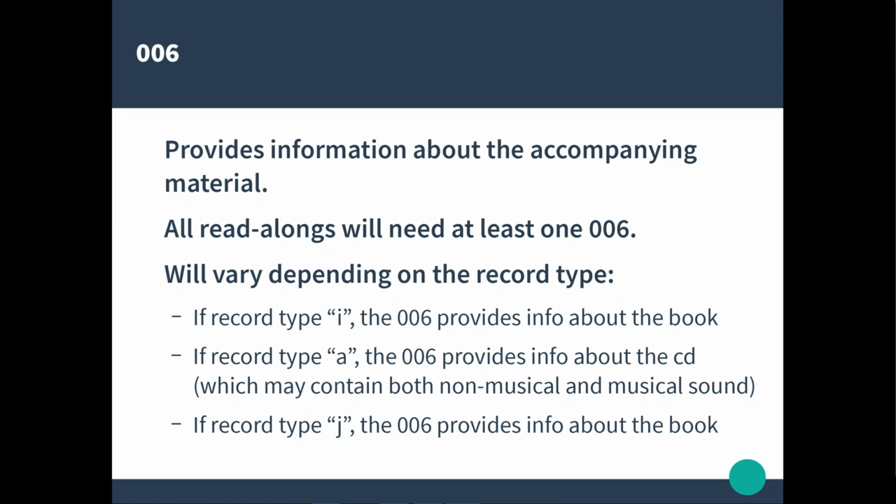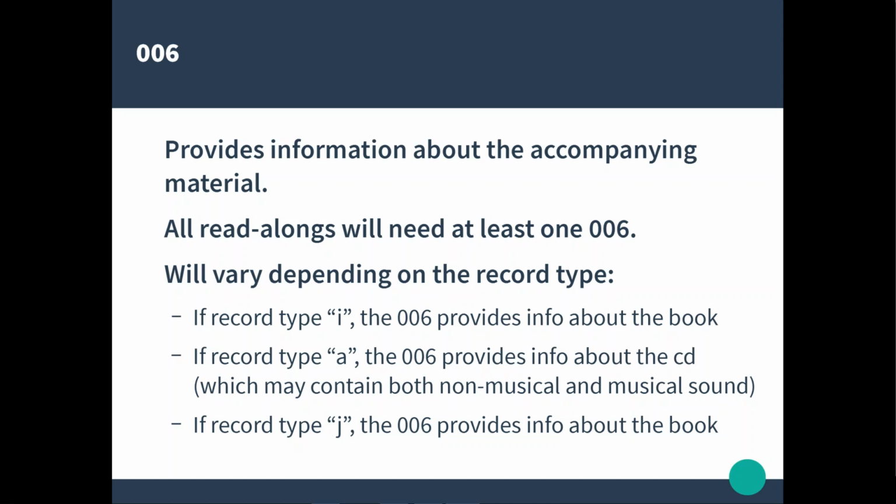The 006 then provides information about any of the accompanying material. So for read-alongs, because there are multiple components, you will always need at least one 006. And that might be included in the record that you import. It might not be included.